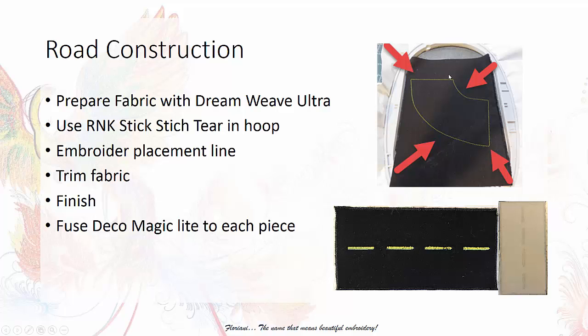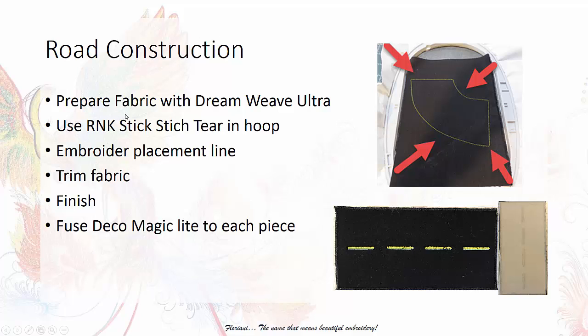Dreamweave Ultra, when you take the time to put that on the back of your fabric, what it's going to do is it does not change the feel of the fabric, but it's going to make that fabric behave better when you embroider on it. So it increases the thread count. So you've got a really nice fabric to begin with. We add the Dreamweave Ultra to the back of it. And the pieces, I wish you could see the finished pieces, but they really are nice.